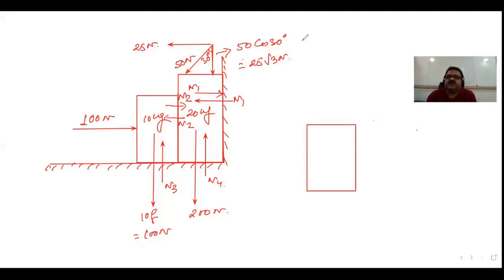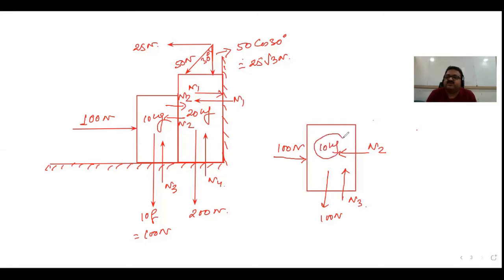So if you watch it carefully, a force of 100 Newton is acting from left towards right. A force N2 is acting from right towards left. And here 100 Newton acting downward, vertical downward, and N3 is acting upward. Okay, remember we have to consider only those forces which are acting on this mass 10 kg.